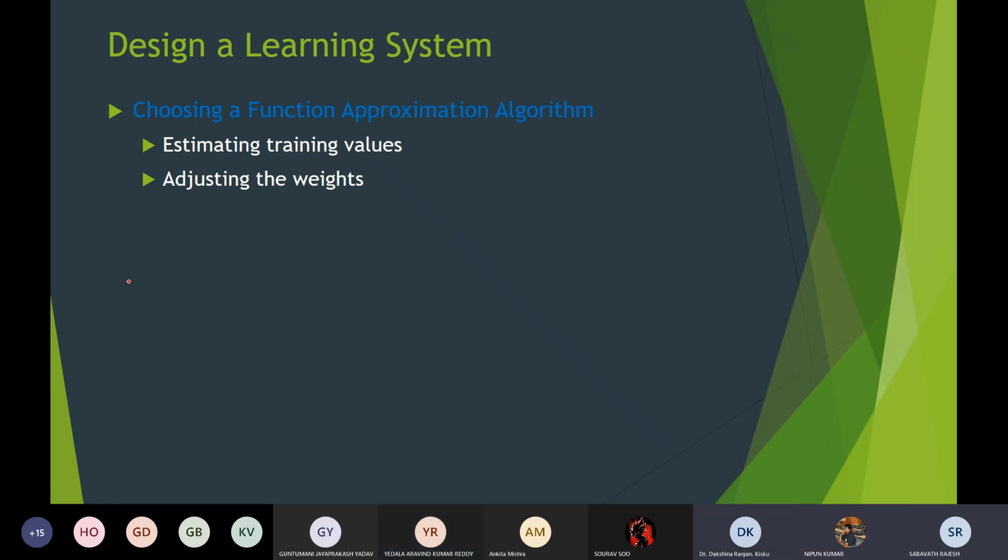Sir, adjusting the weights means that we have to adjust weighted values for every board state. Yes, every board state will be updated. If we consider the current board state and the available features on it, then in the next iteration that board state will be updated by the next possible features.